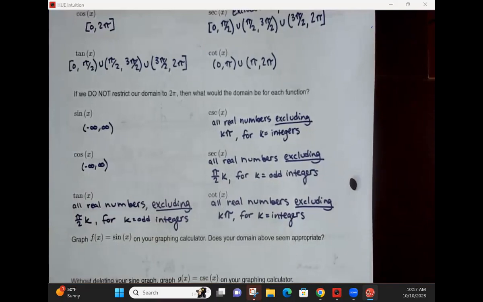Now I'm going to take a look at these on your calculator. So we're going to graph the function sine of x. So go ahead and get out your calculator for me, and let's graph the function sine of x. And I'll pull my calculator up here too.